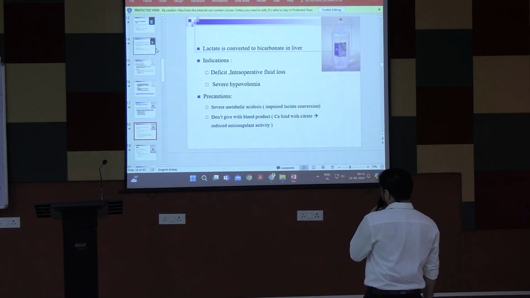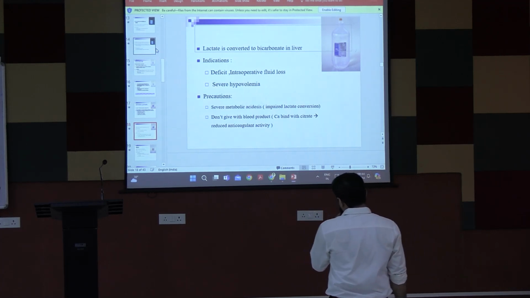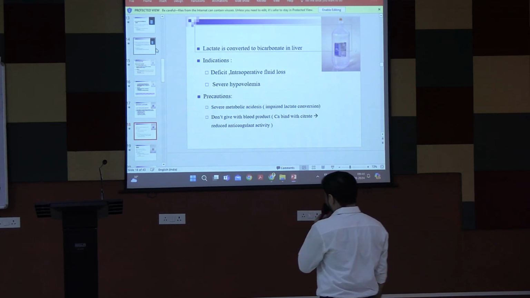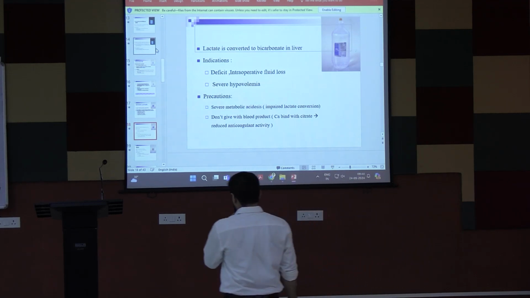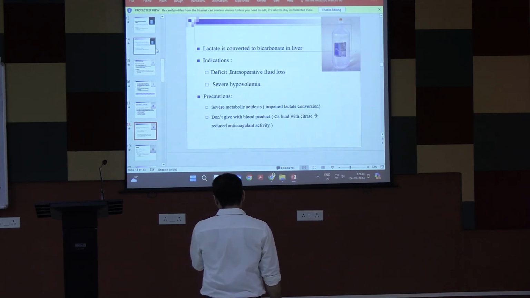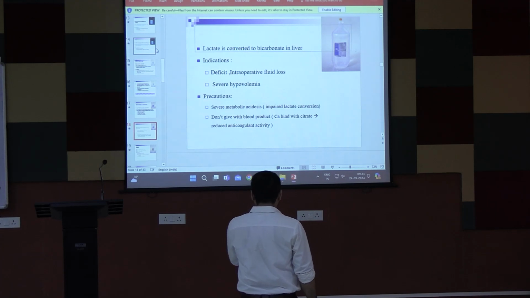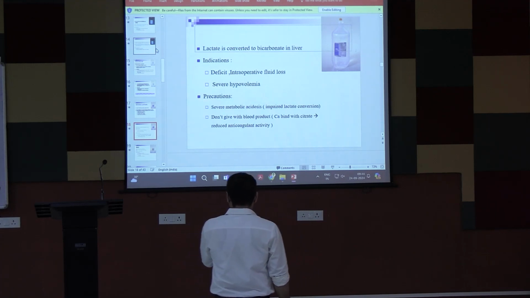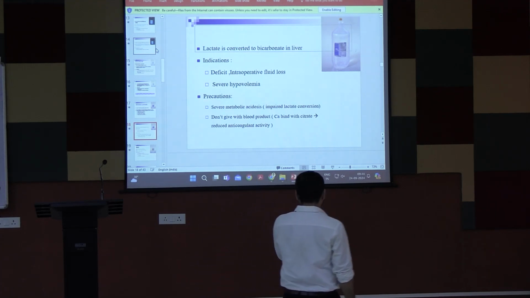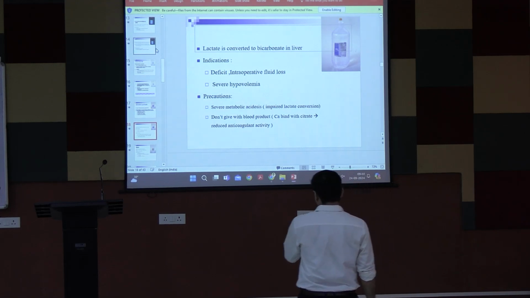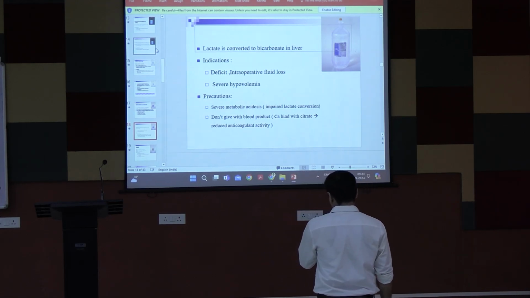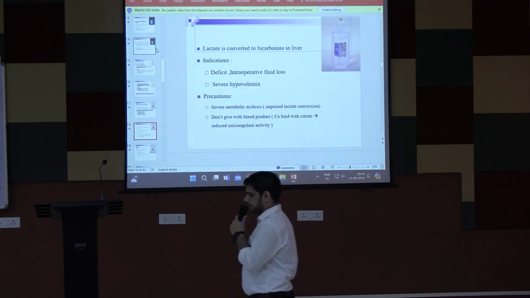Lactate is converted to bicarbonate in the liver. Indication: deficit or intraoperative fluid loss, severe hypovolemia. Precautions: severe metabolic acidosis can happen if lactate conversion is impaired. Don't give with blood, as calcium binds with citrate and reduces its anticoagulant property.